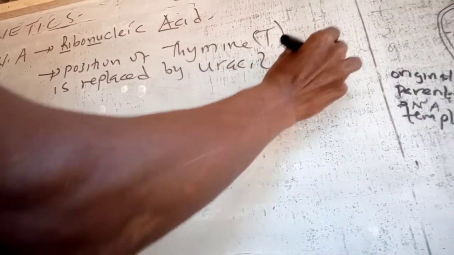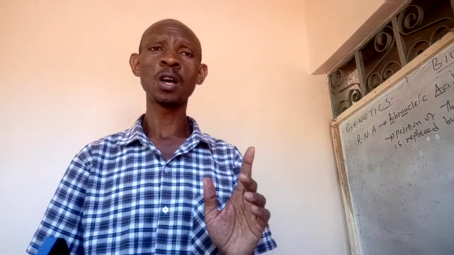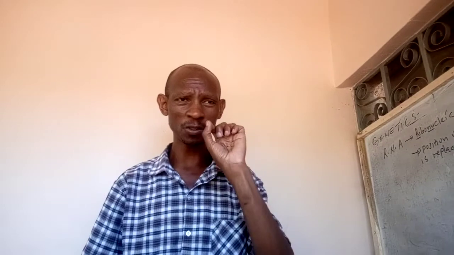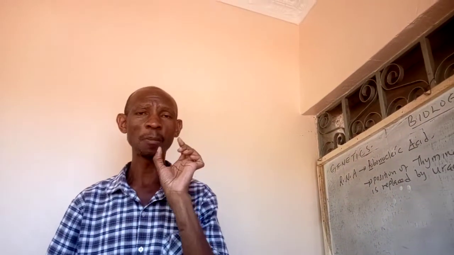That is denoted by the letter U. And therefore, you are supposed to know that the position of thymine as far as RNA is concerned is replaced by a nitrogenous base by the name uracil.